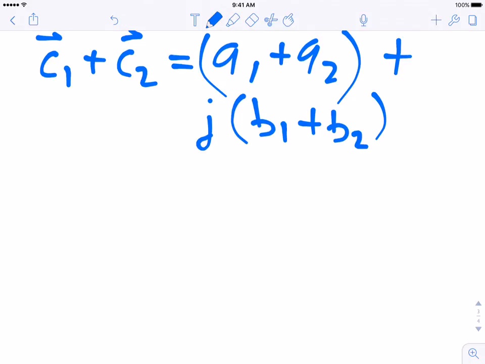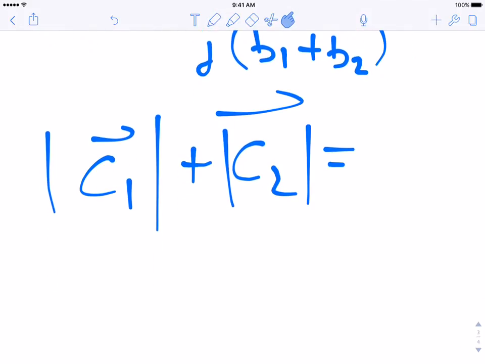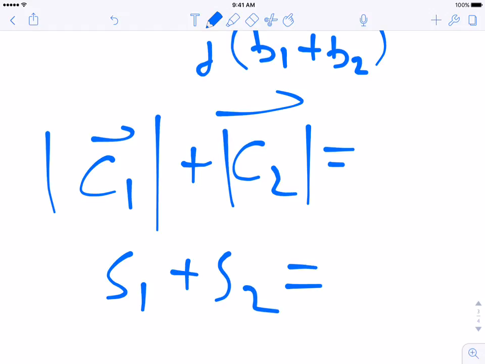Okay, so just an important thing to note here is that if you knew the magnitude of C1 and the magnitude of C2, you can't just add them together, right? Where this comes into play is if you knew S1 plus S2, you can't just add the magnitude of the apparent power together.